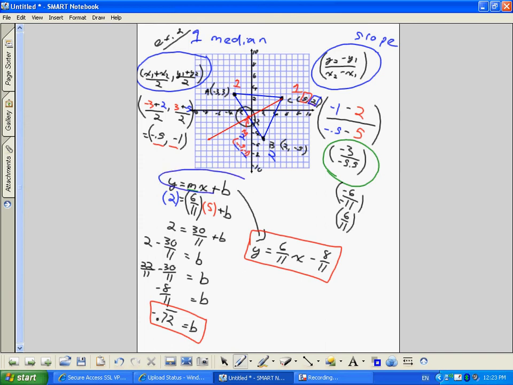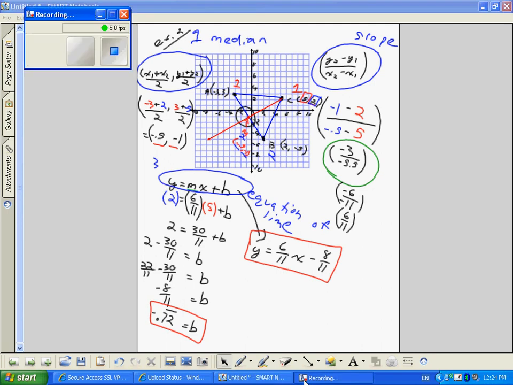And we had to remember our equation of a line. 3 different equations to solve that. There's a lot to remember there. Okay, guys?